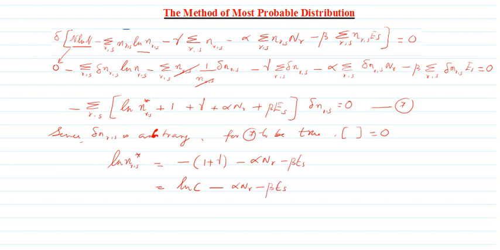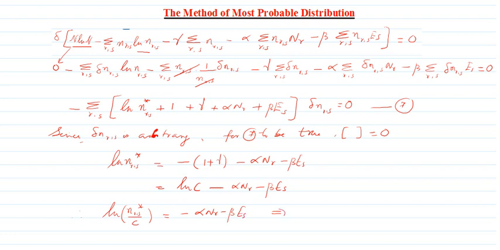Now I can take log C to the other side, so it will be log NRS star minus log C, which becomes log A by B form. So I can say log of NRS star divided by C is equal to minus alpha NR minus beta ES. Got it? What does it mean?